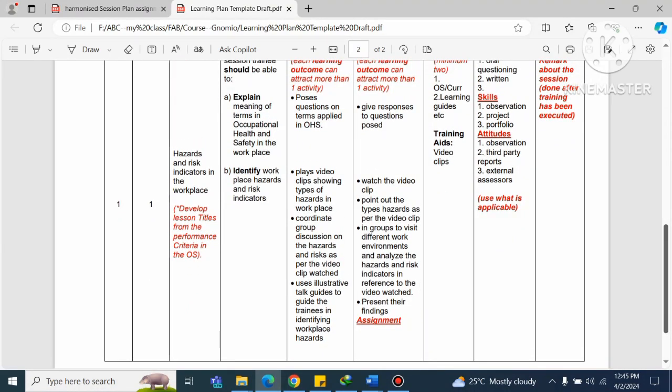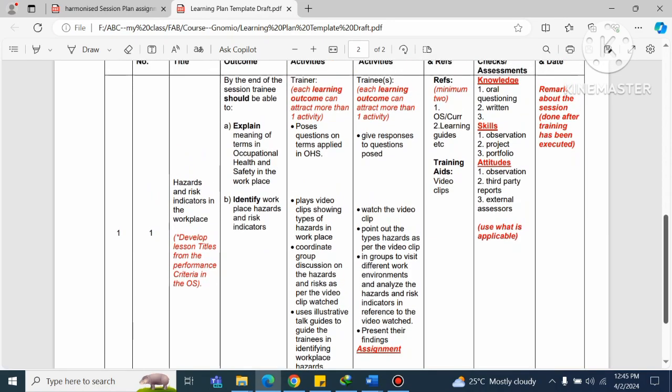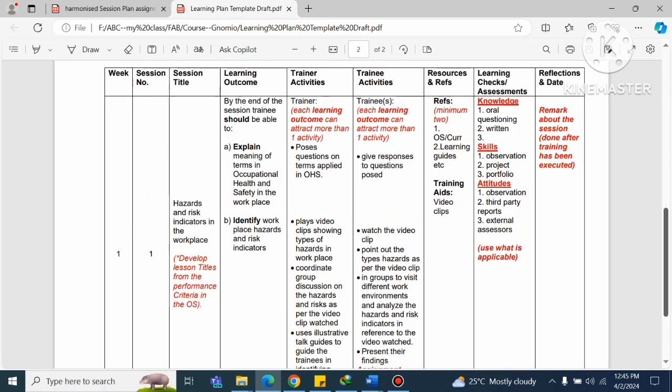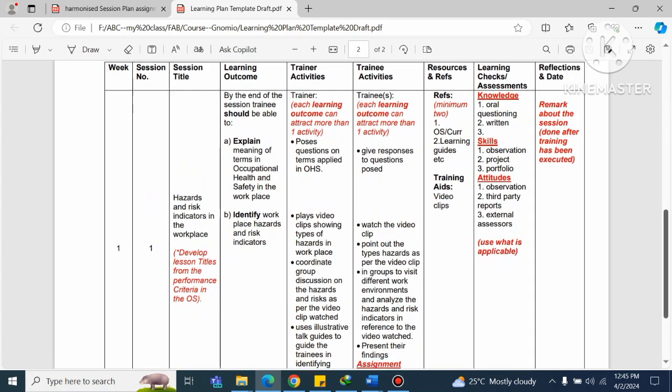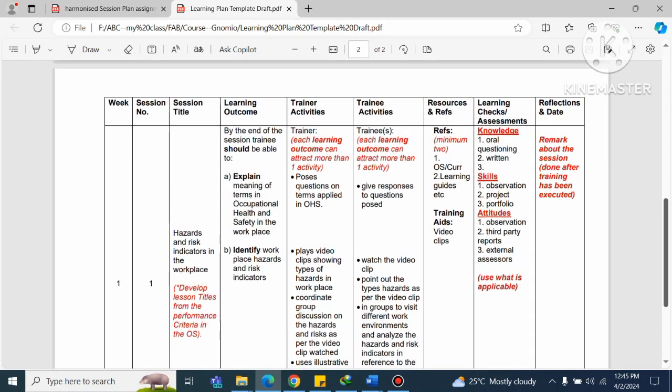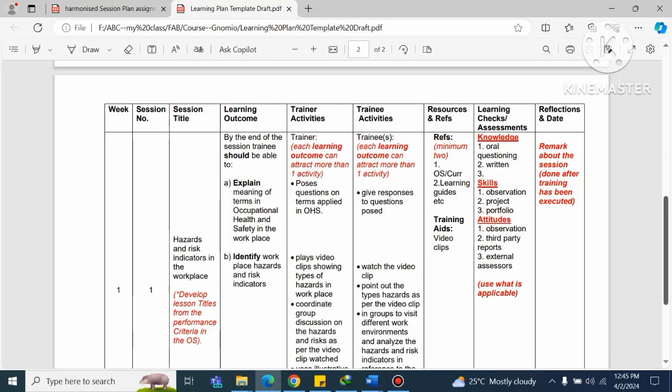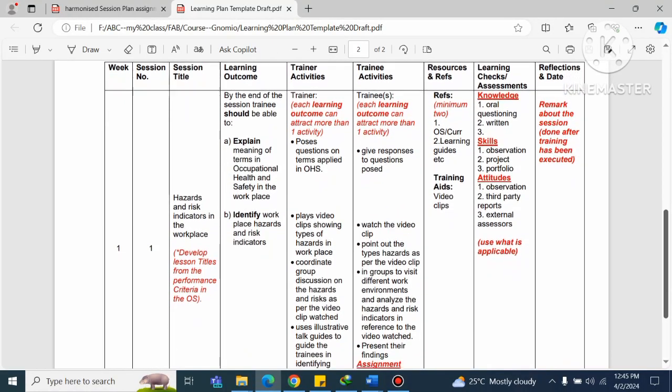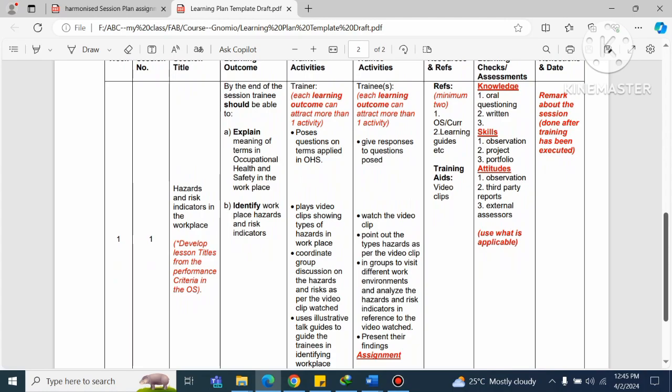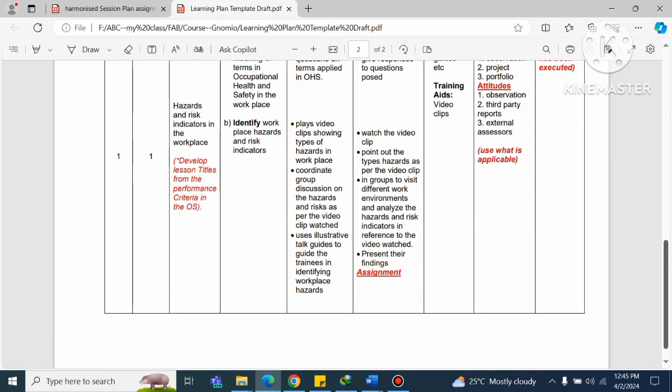You need to come up with suggestions or recommendations to counter the distractions that prevented you from meeting the learning outcomes.